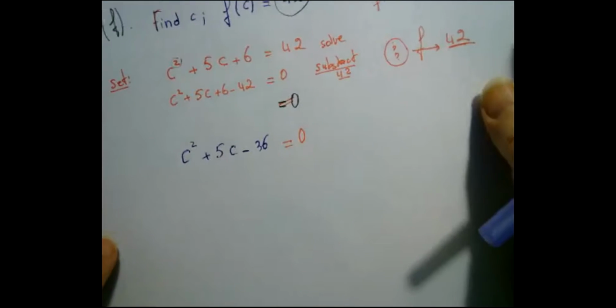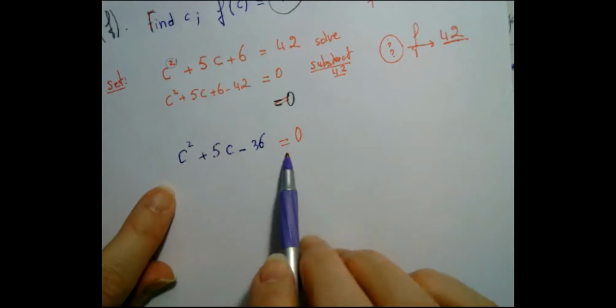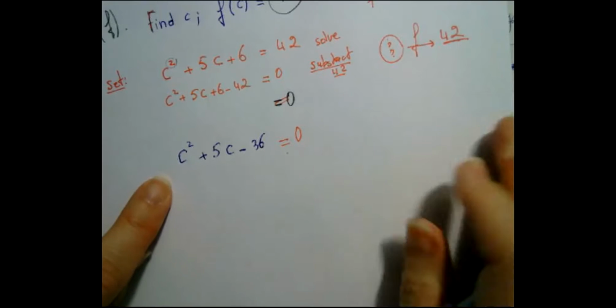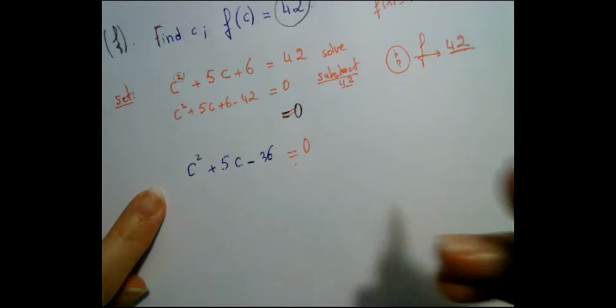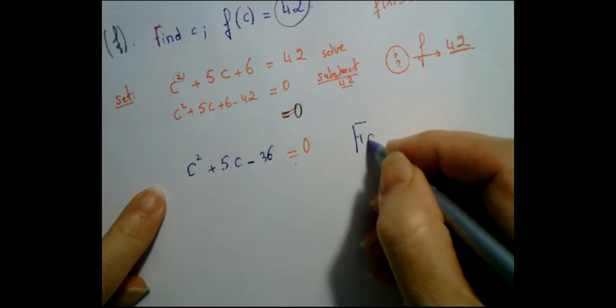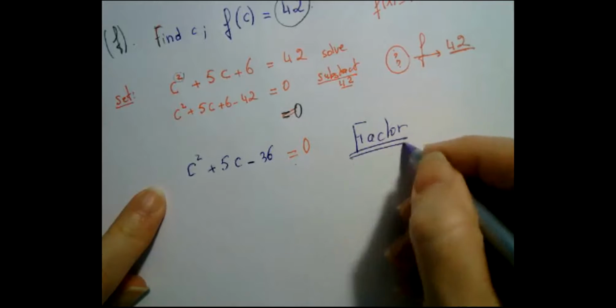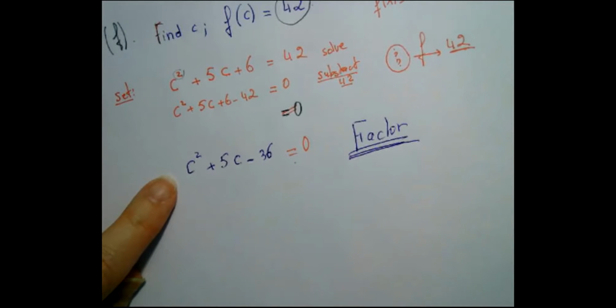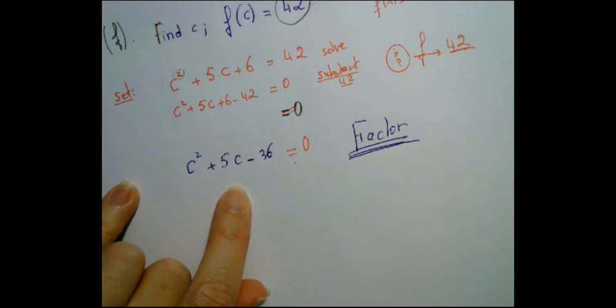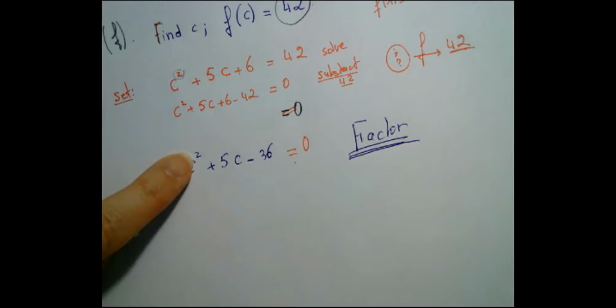After we do that, let us remember, how do we solve this type of equation? Don't you have to divide by C? No. If I divide by C, it doesn't get me anywhere. I can't solve for it because I have a square.